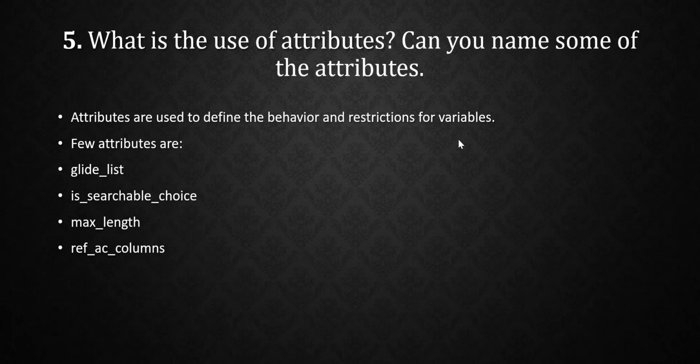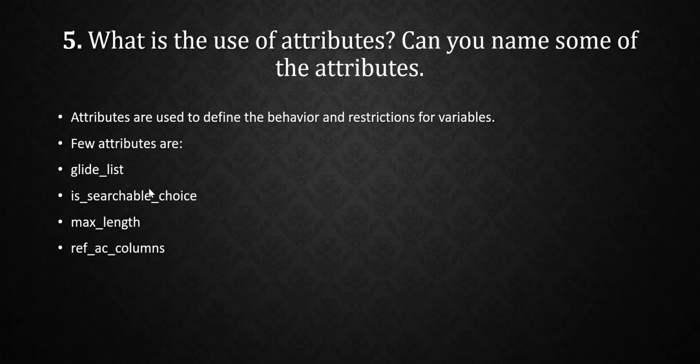When we create a new field in a table and open the dictionary configuration of that field, there is a field called attributes. There we can put some attribute to change its behavior or put some restriction.